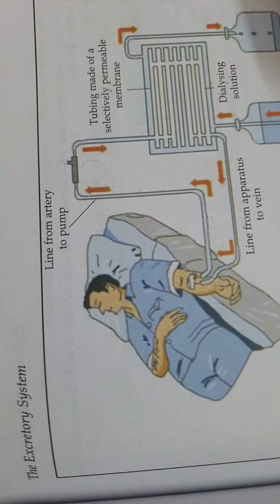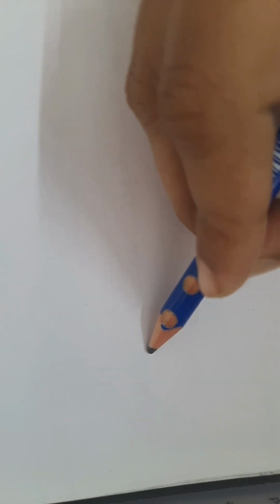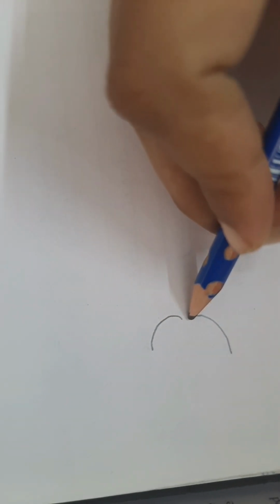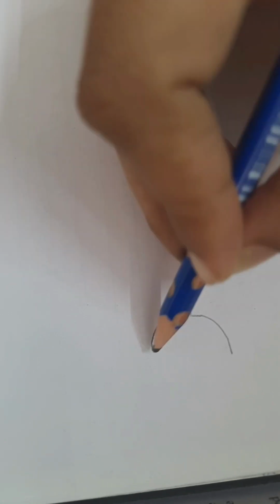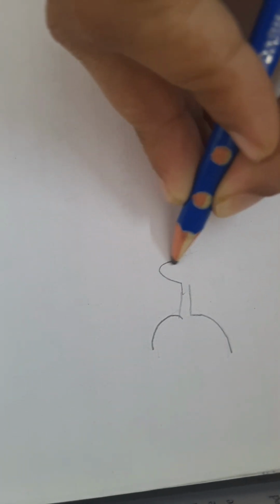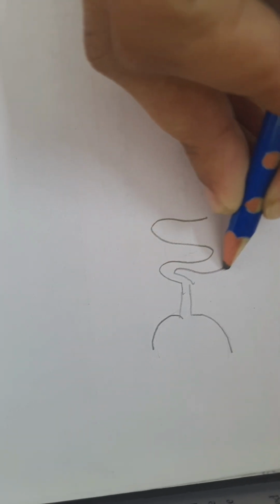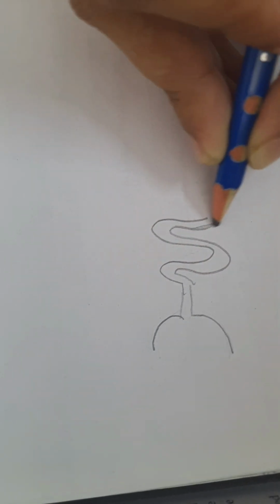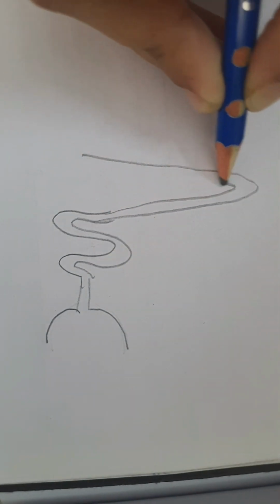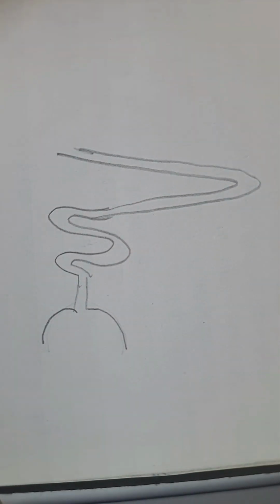I'm drawing the rough structure of the nephron, so just the outline. You'll draw a C here, and then you will draw a small line. This is an inverted C, the mirror image of C basically. Then you will draw two loops, which is the PCT. Then you will draw a long hairpin kind of structure, which is called the loop of Henle.